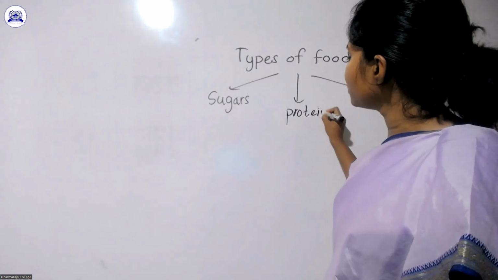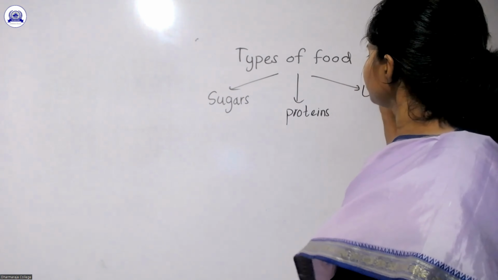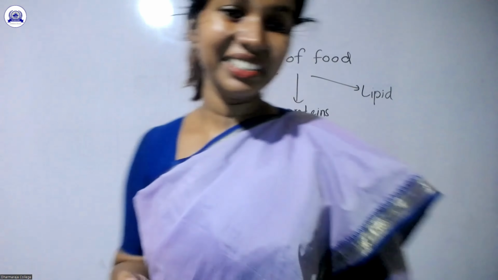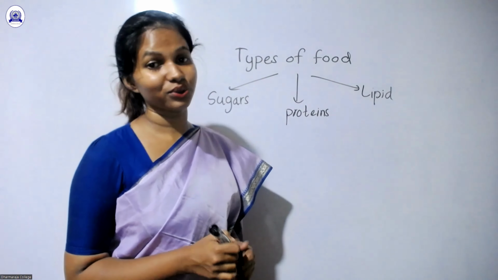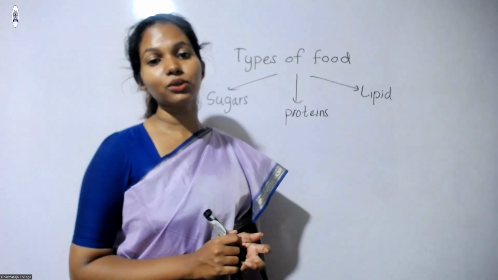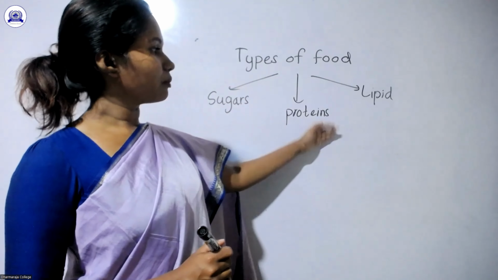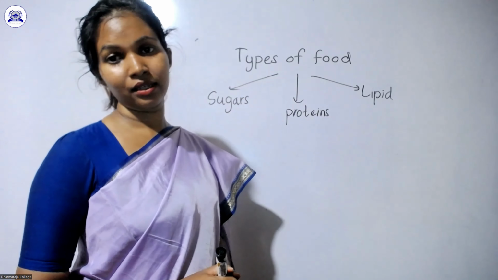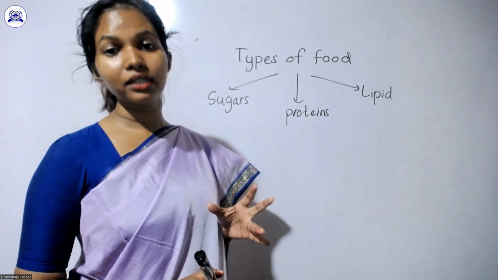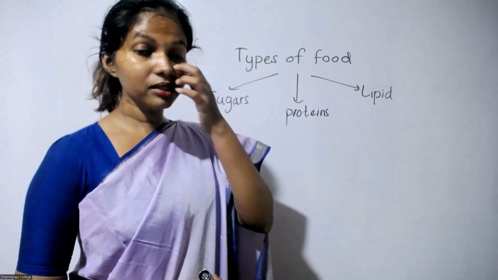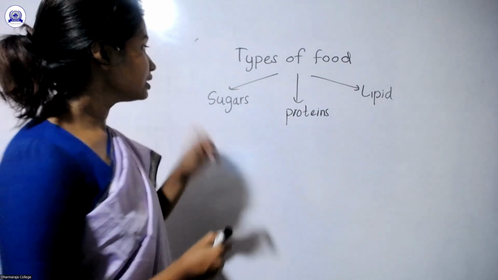Not only that, we also include some lipid parts. So a lipid part is also included in our diet. So you see that there will be food rich with sugars, proteins and lipids. So if the food contains more carbohydrates or sugars, it undergoes fermentation.